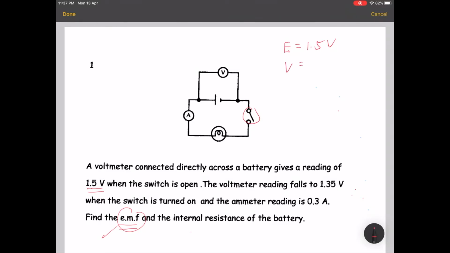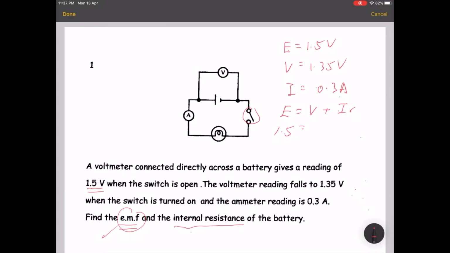The voltmeter reading will go down to 1.35 when you turn on the switch. And the current recorded is 0.3. And you're asked to find the internal resistance. So how are you going to do it? Not the external, the internal. So my suggestion is you can always try out this equation. And look, your EMF is 1.5.